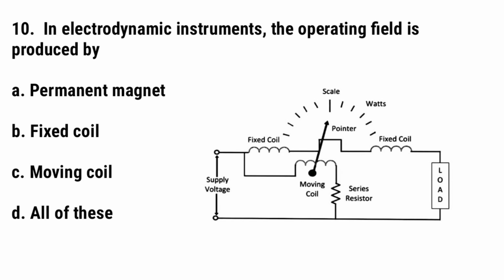You have already seen electrodynamometer type instruments in previous lessons. Hence the answer is B, fixed coil.